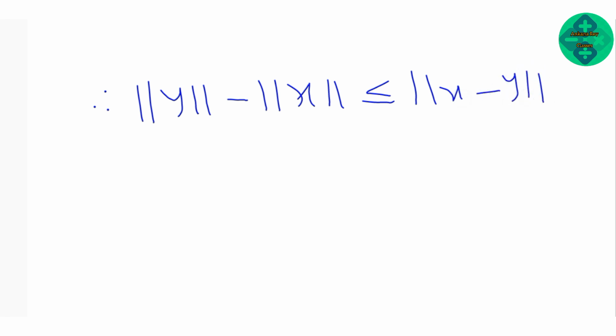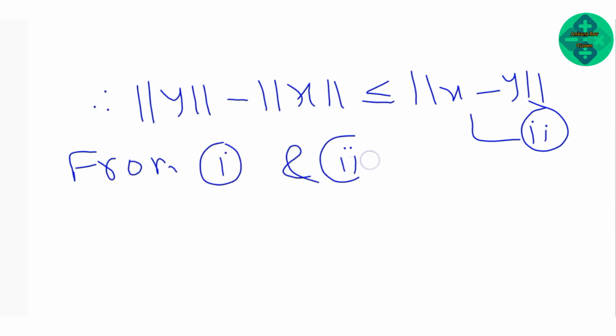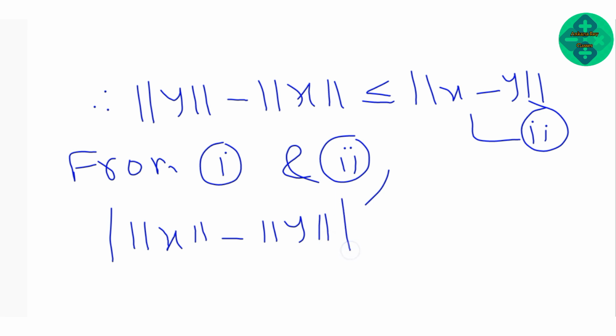Therefore norm y minus norm x is less than or equal to norm x minus y. This is equation 2. Now from equations 1 and 2, mod of norm x minus norm y is less than or equal to norm x minus y. Now let delta be equal to epsilon.